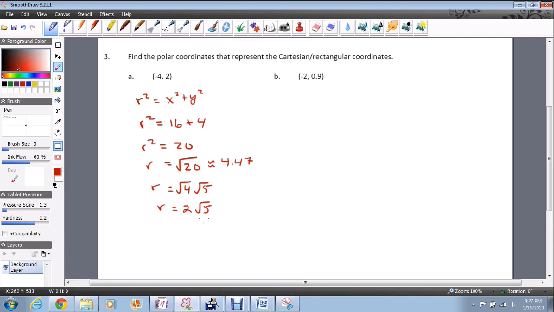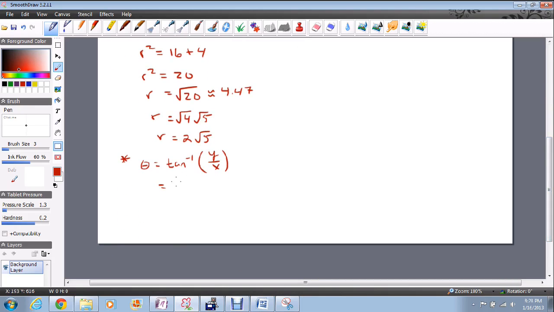Okay. So then I need to figure out what theta is, because again, polar coordinates means r and a theta, a radius, how far away from the center, and an angle. So theta is equal to the tan inverse of y divided by x. So if I substitute my values in, I'm not going to use the negative values that I'm given.